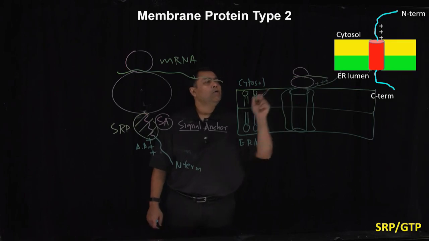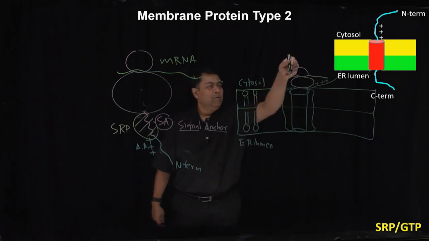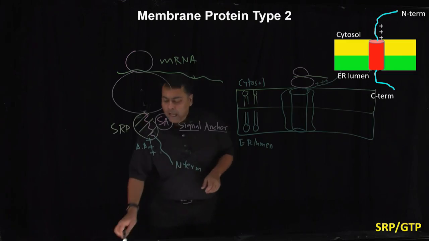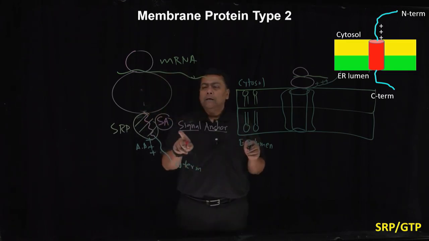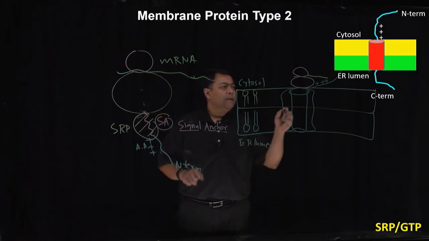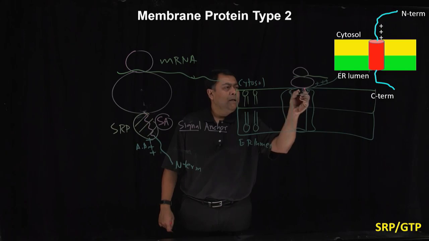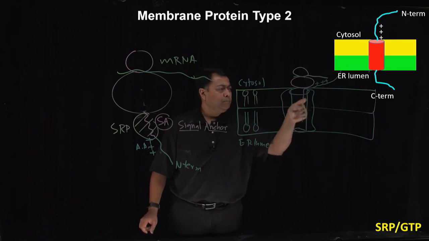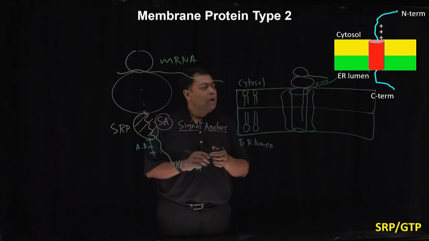That is not going to go into the lumen of the translocon. So now what is happening? The signal anchor sequence is basically dropped in here. It is working its way with the translocon.